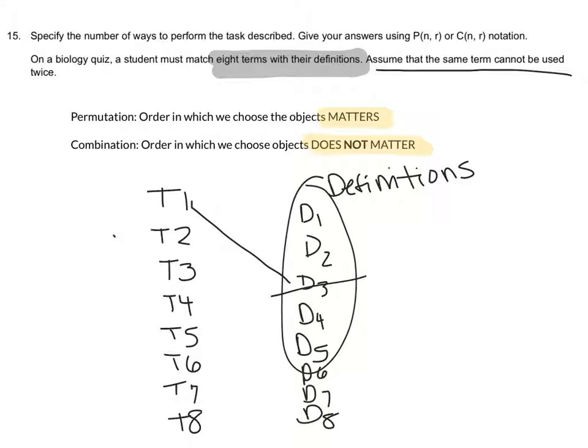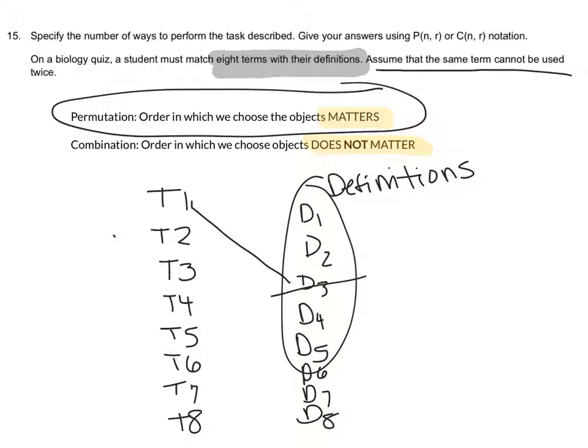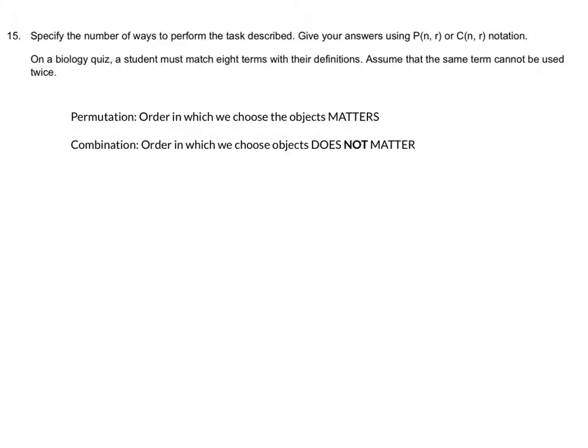So since the order in which we select the definitions does matter, and again, that's because each term only has one correct definition, so the order in which we choose them does matter, we're going to use a permutation. Permutations are in the form P and choose R.